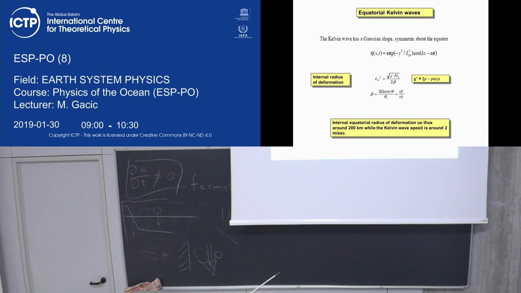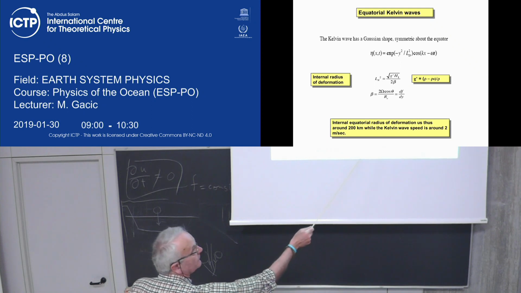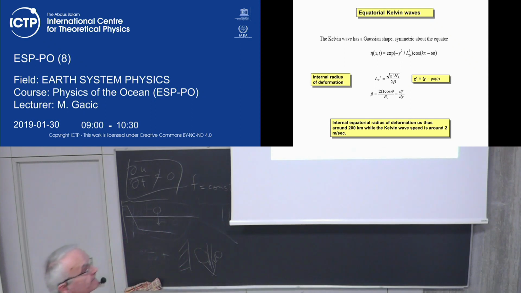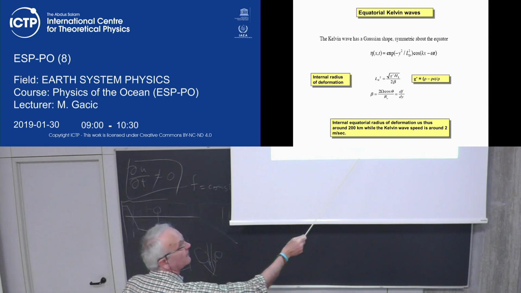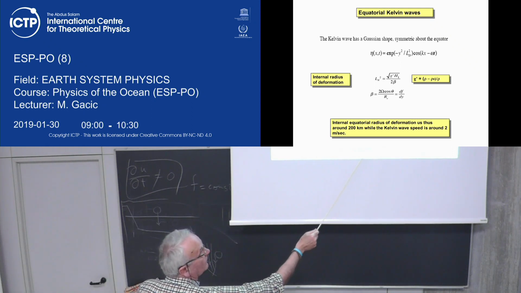If you look at this term here, you will see that rho minus rho prime divided by rho is on the order of 1% between lower and upper layer. So that is 0.01.